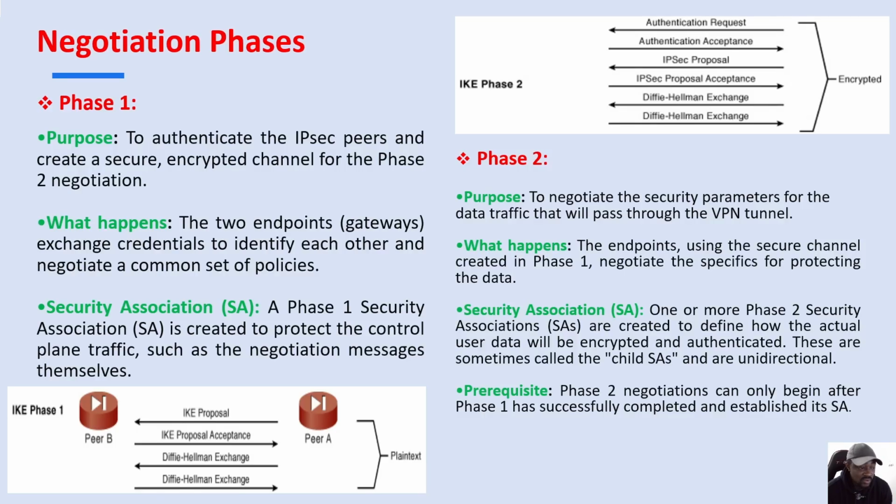You need to define what is the local network that you want to let traffic go through in the IPsec tunnel, and you also define what is going to be the remote subnet. When phase one and phase two are completed, the tunnel is established and communication can now be done between the two sites.